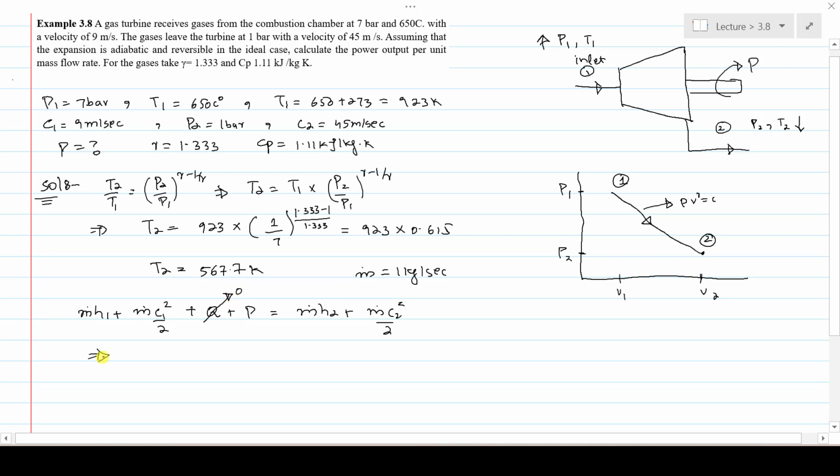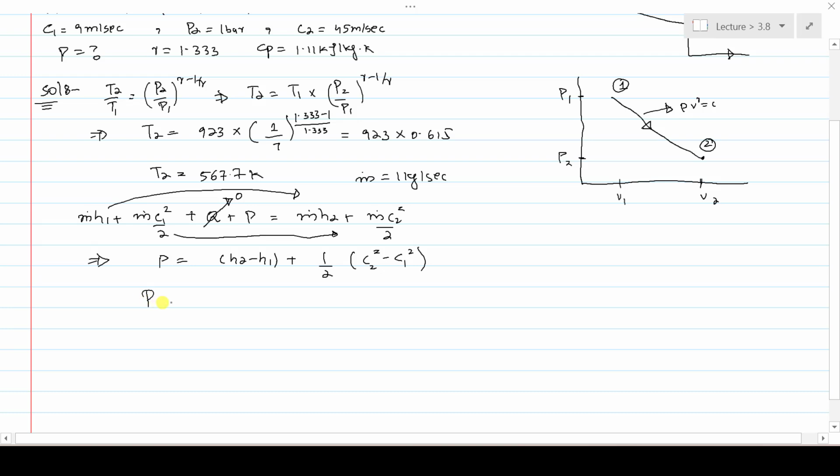So our final expression for the power output of the turbine is equal to the change in enthalpy, which is Cp times the change in temperature, that is T2 minus T1, plus half of C2 square minus C1 square.